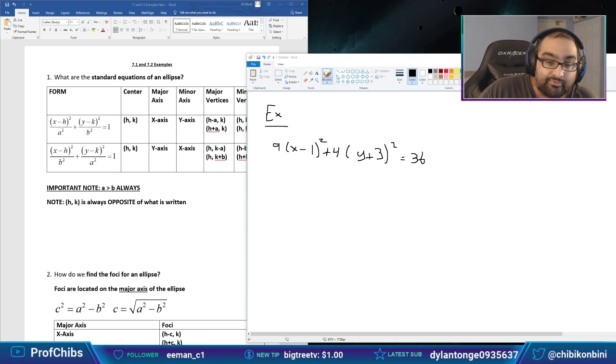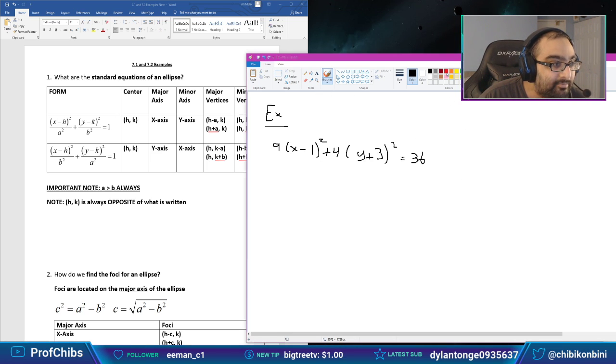Divide by 9 first and then divide by 4? Ooh, no, Khadija, no. We don't want to do that. What we want, looking at the form in the table, is for this to equal 1 at the end of the day. What we have on the right-hand side is a 36, and I don't want that 36 there.